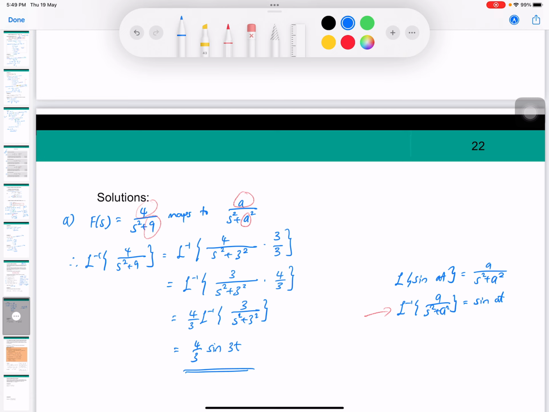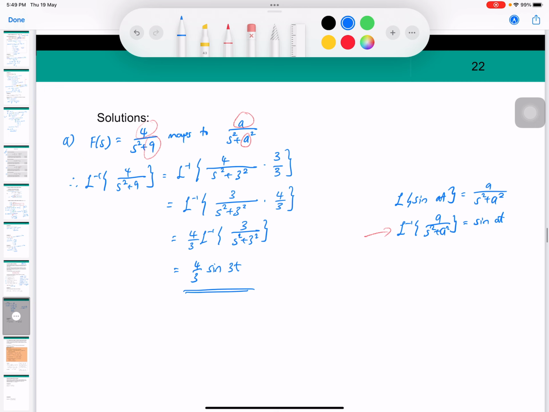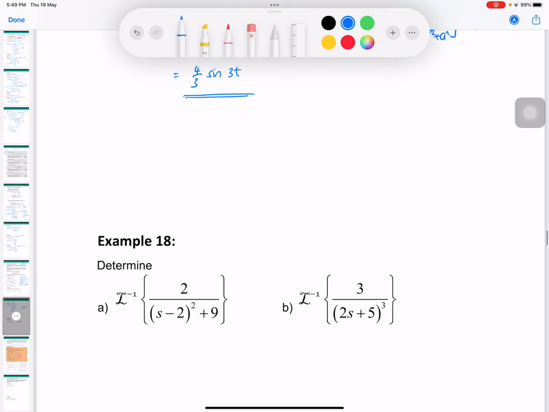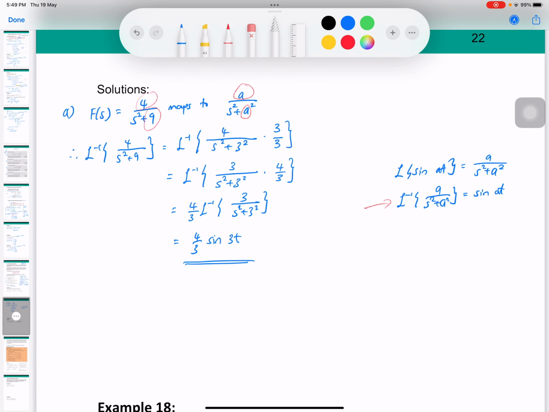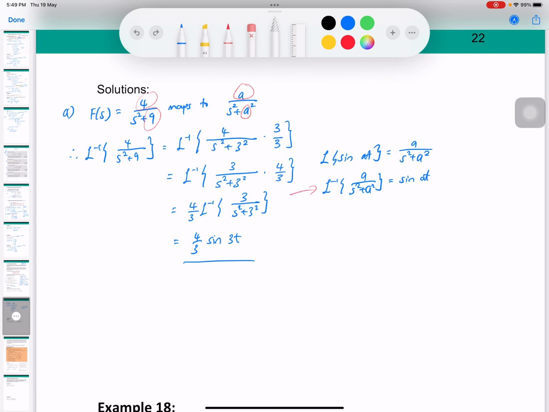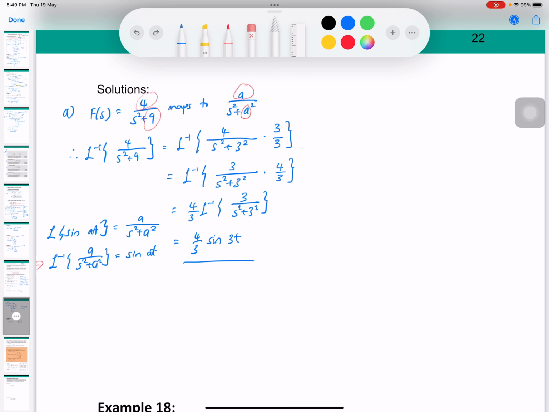So this is the answer. Okay, so sometimes it's not that straightforward. You have to change the question somehow, a bit here, a bit there. I put it here because I don't have enough space later on.